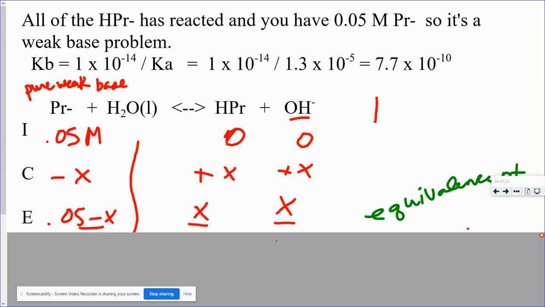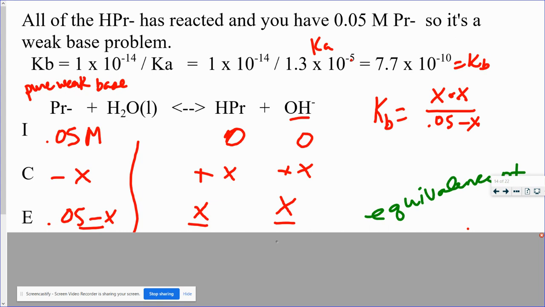So now for our Kb, we'll have X times X over 0.05 minus X equals the Kb, which when we divided 1 times 10 to the minus 14th by the Ka, we got the Kb.